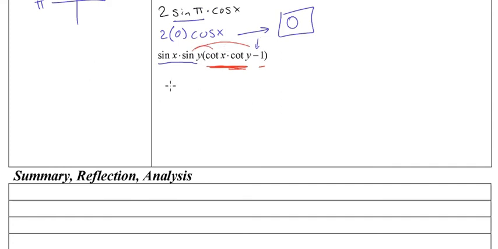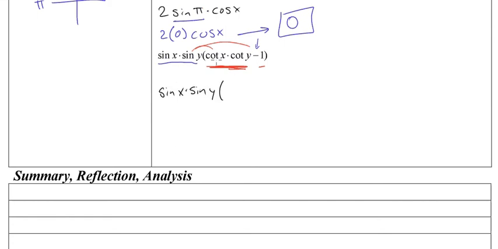So we've got sine of x times cotangent. Actually, let's write this a little bit simpler way right here. Let's change cotangent to, first off, so we got sine, just going to rewrite this stuff on the outside the same way. So sine of x times sine of y.